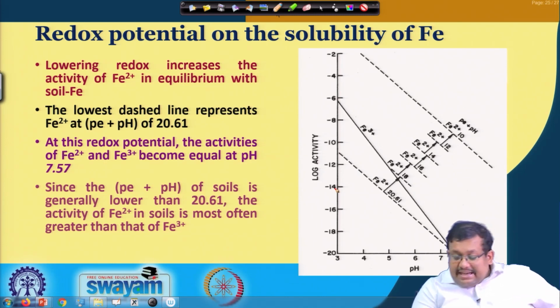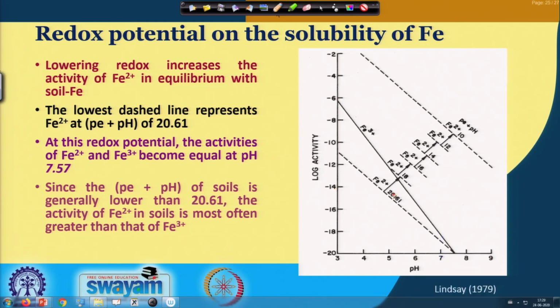The lowest dashed line, as you can see in this picture, represents Fe2+ at a pe plus pH value of 20.61. At this redox potential, the activities of Fe2+ and Fe3+ become equal at pH 7.57.